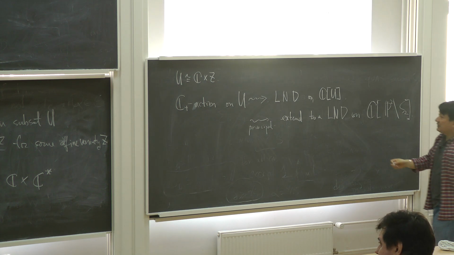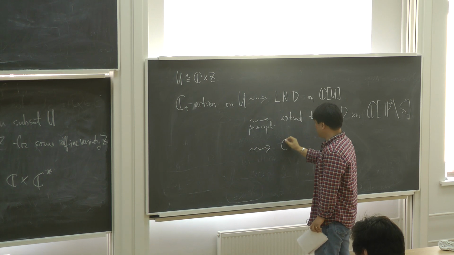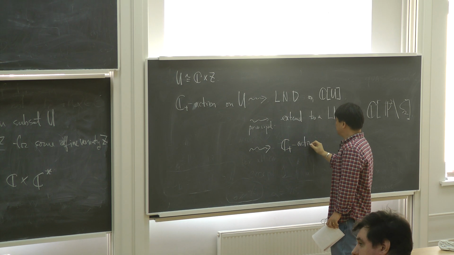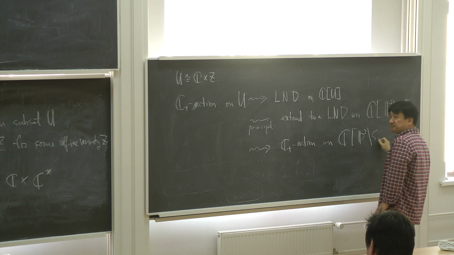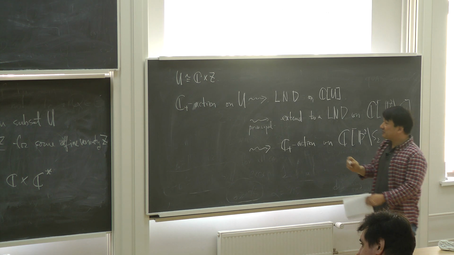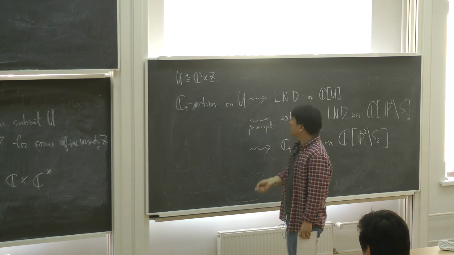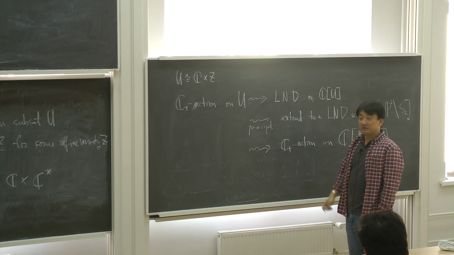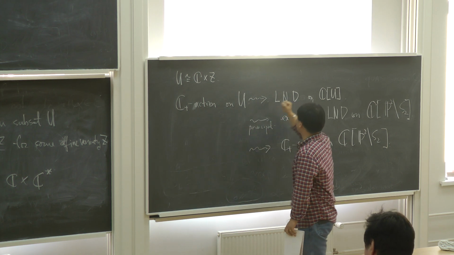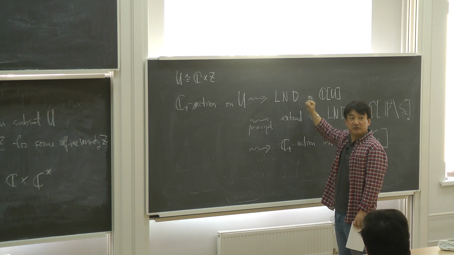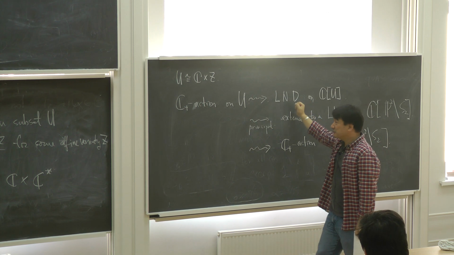Okay. All right, and then we return back. So we get the C plus action on this space. There is a one-to-one correspondence between these C plus actions and the locally nilpotent derivations on this ring. Whenever you have a non-trivial C plus action, you get a non-trivial locally nilpotent derivation, and whenever you have a non-trivial locally nilpotent derivation, you get a C plus action.